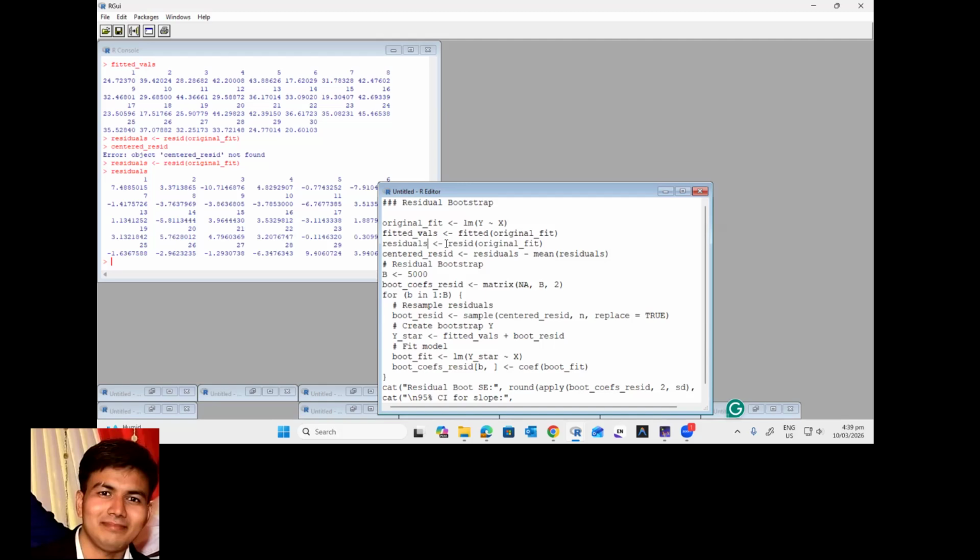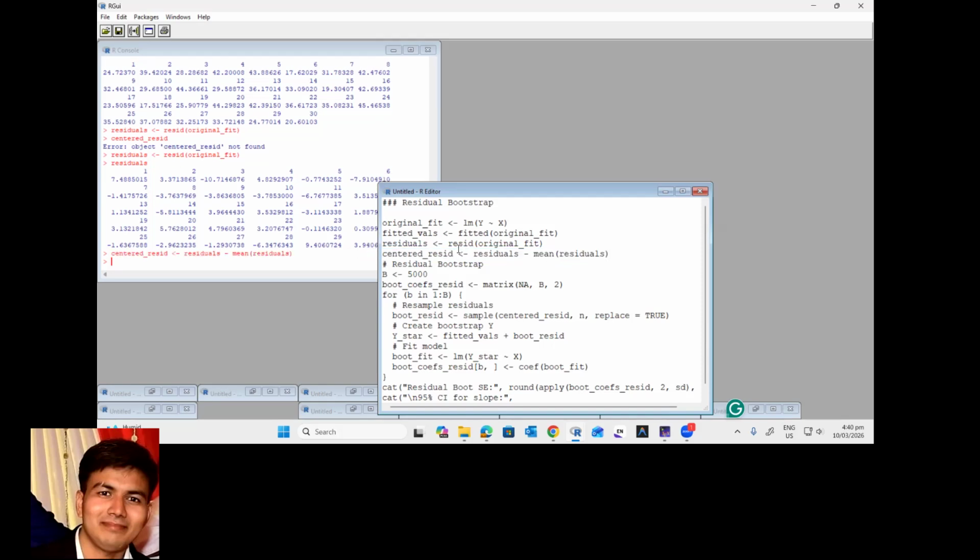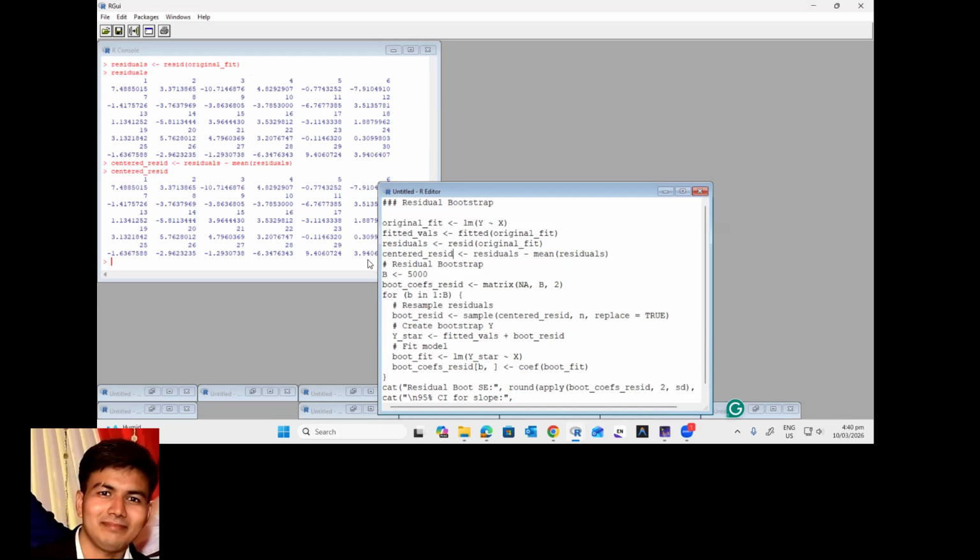Sorry, this will give us the residuals epsilon i, which equals y i minus y i cap, and after that we are going to center our residuals by using residual minus mean of the residuals. All right, so this is the centered value of the residuals.